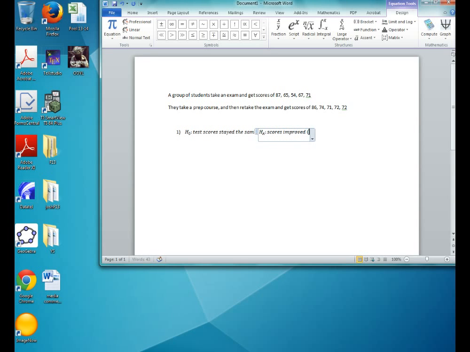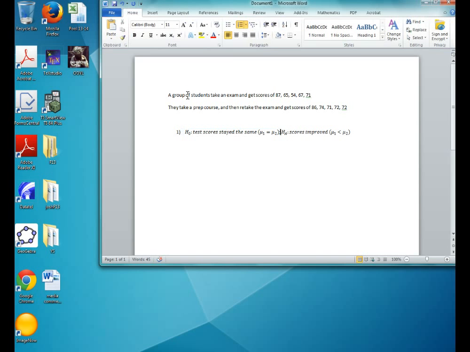In other words, the first mean, mu sub 1, the average test score, was significantly lower than the improved scores afterwards, some kind of mu sub 2, versus the null over here, which would be saying mu sub 1 is equal to mu sub 2.